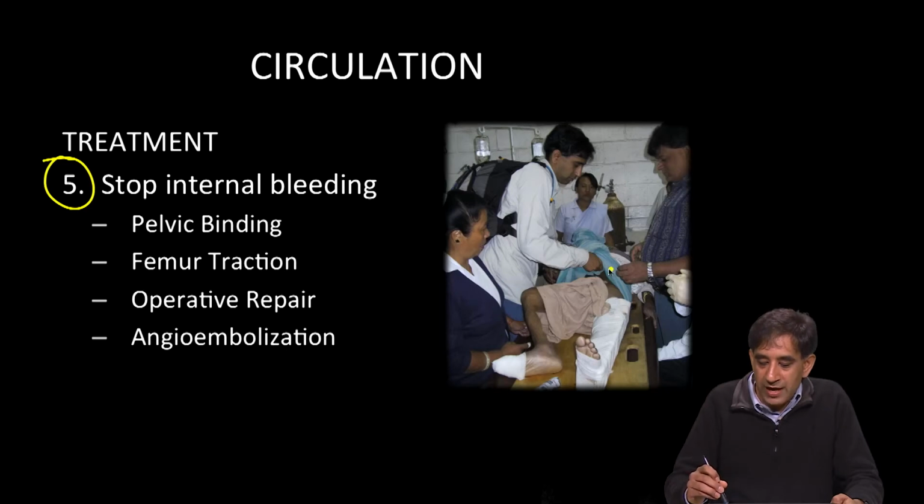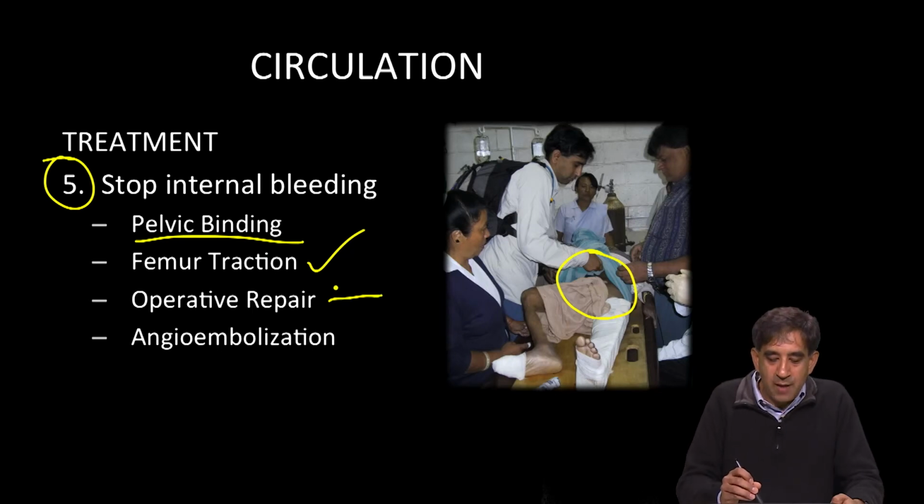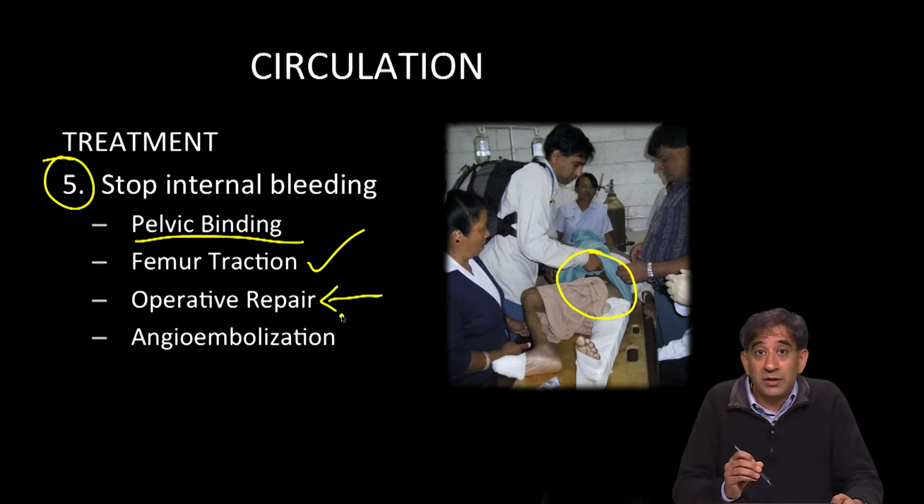This is a patient with a pelvic fracture who is having his pelvis bound in order to reduce his pelvic volume and stop bleeding. We can also put patients with femur fractures into traction. You can go to the operating room to stop solid organ bleeding from the spleen or liver.